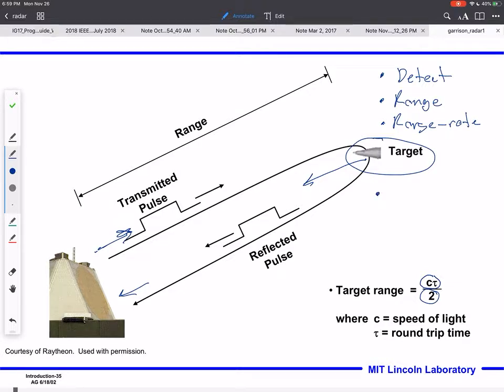We'll determine that quantity is going to be called the radar cross section, but the cross section can tell us some indication of what that object is, also in combined with all of these. So a large aircraft will have a different cross section than, say, a small drone. By combining the cross section with the range rate, we can detect what those objects are.